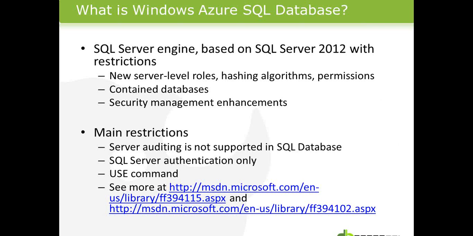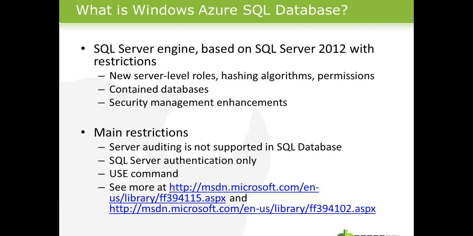Main restrictions, there are many more restrictions, are server auditing, which is supported in on-premise installations of SQL Server, but is not supported in SQL Database. The authentication modes: you can only use SQL Server authentication on Windows Azure SQL Database. And switching between databases using the use command is also not available in SQL Azure. More details later today.